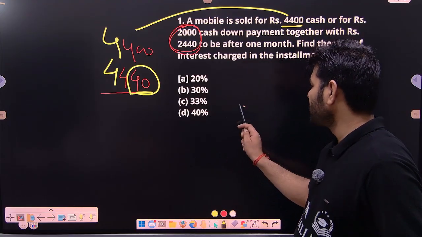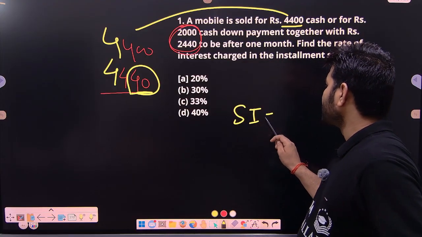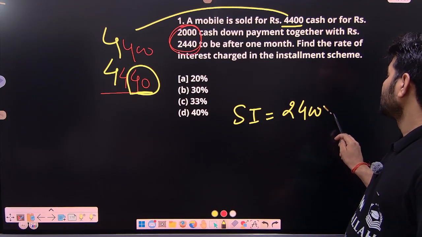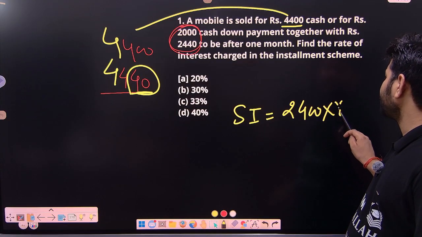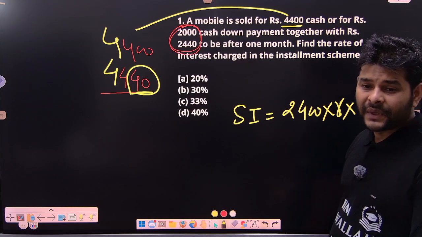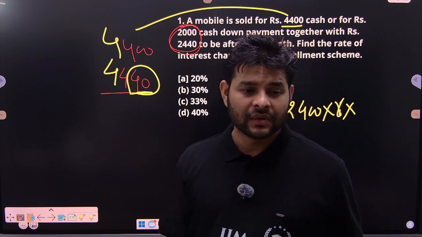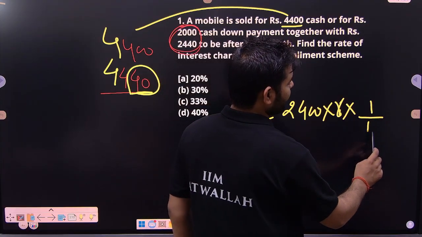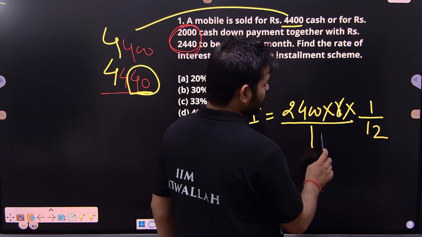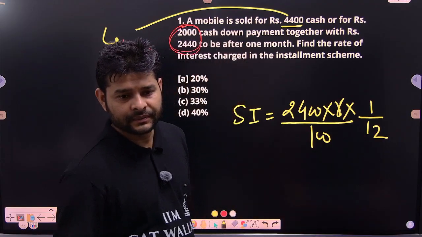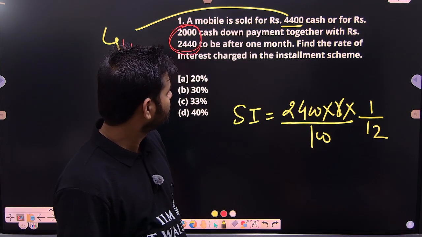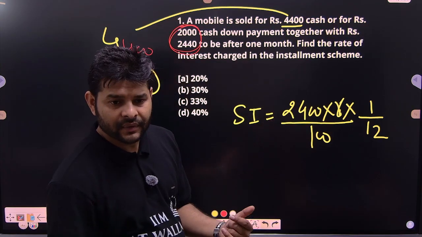So SI we know, and principal is 2400. Rate we need to find, but time is 1 month. We need to convert it into years, so 1 month divided by 12, and the value written in the denominator, obviously 12.